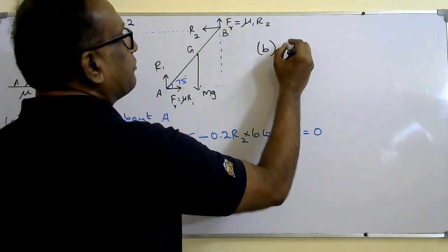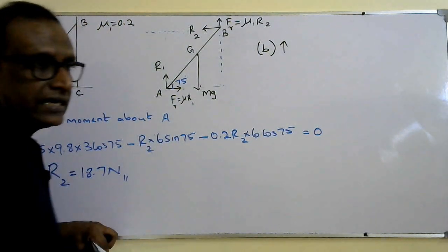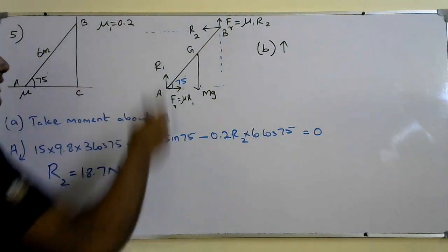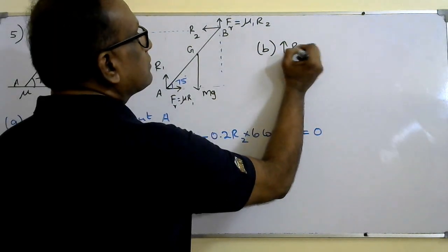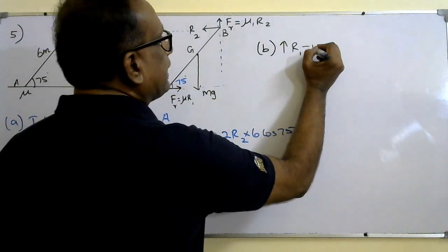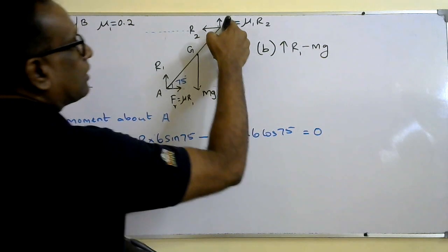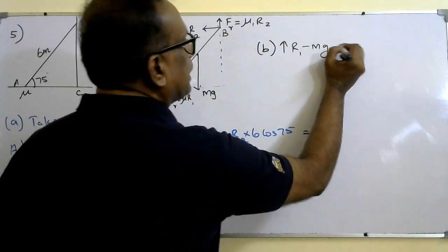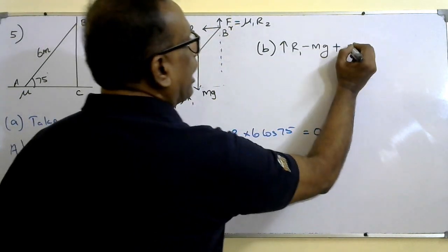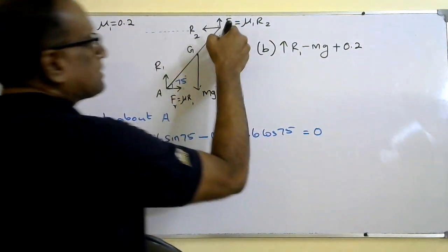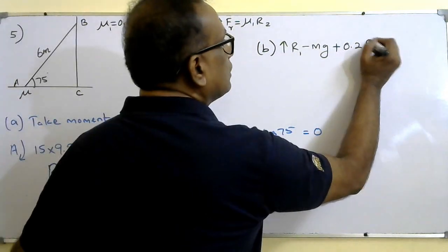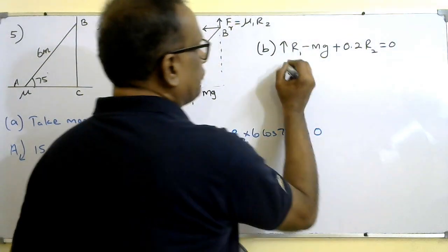So first we will find R1 vertically. R1, this is downwards, minus mg, this is upwards, plus 0.2 R2, that is this friction, equal to 0.